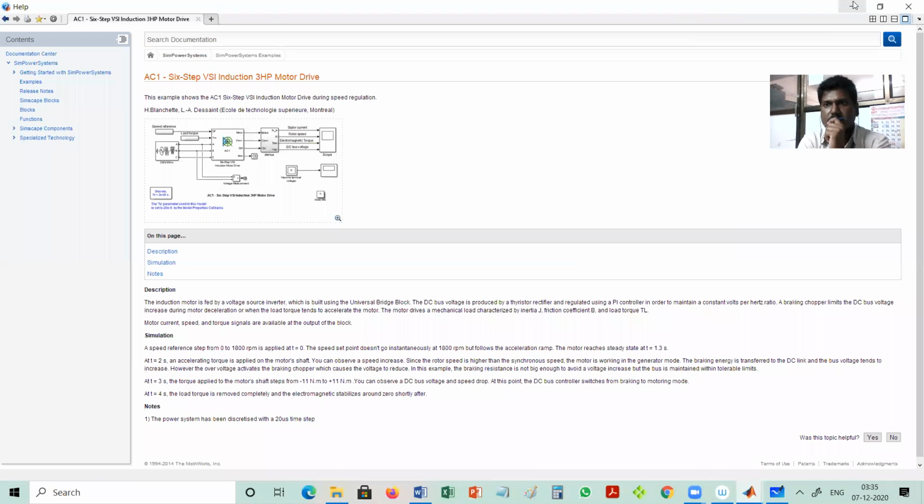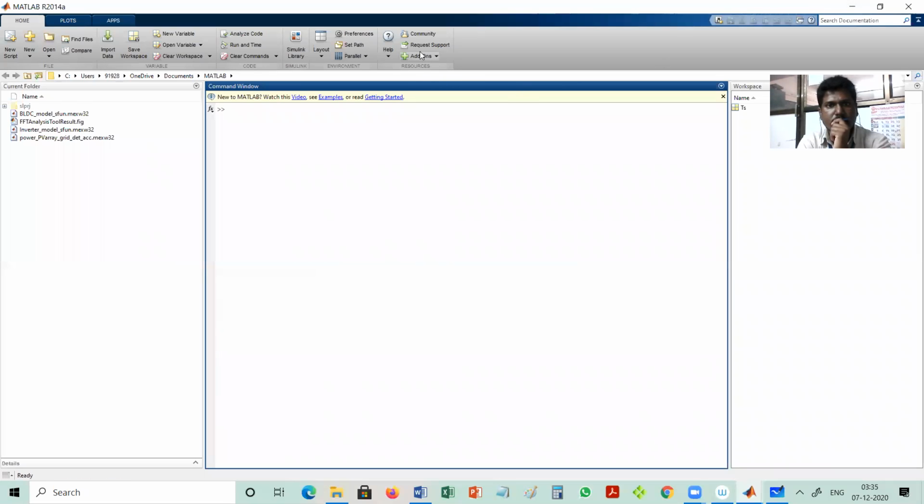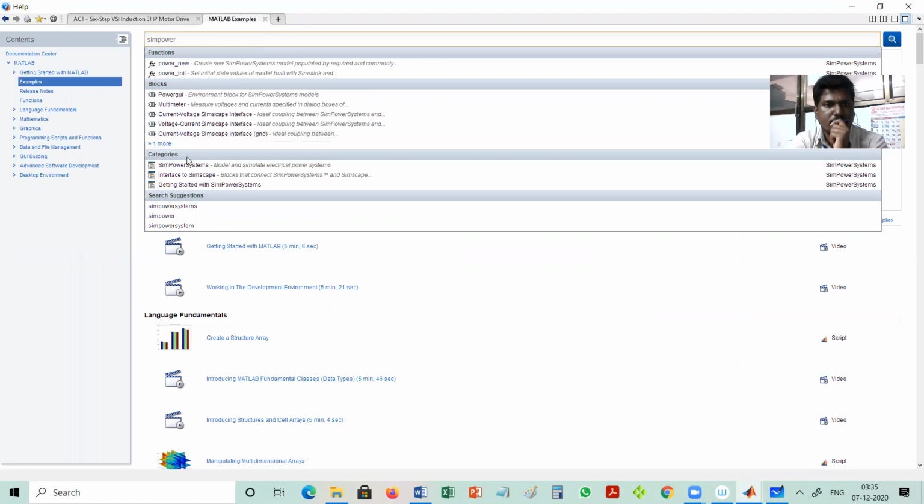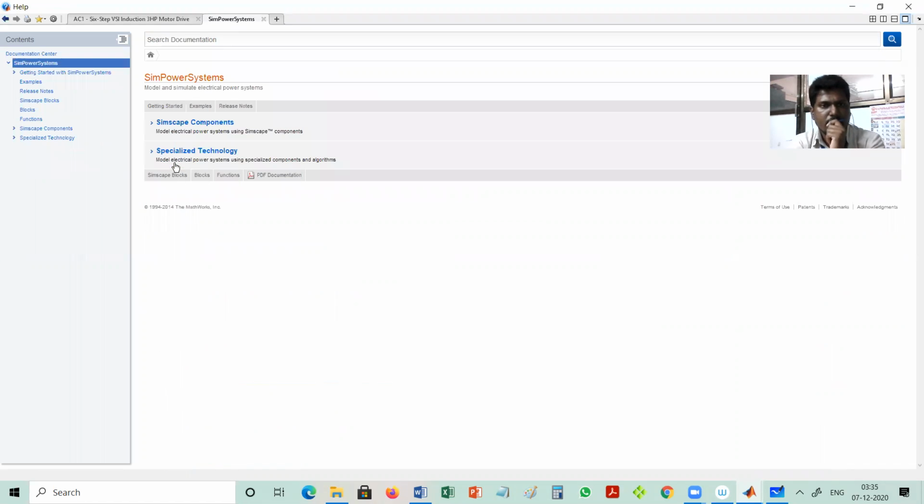I will open once again. Click here, Simscape Power Systems. Some options will be there. Under category, select Simscape Power Systems. When you click on that, the Simscape Power Systems examples will open.